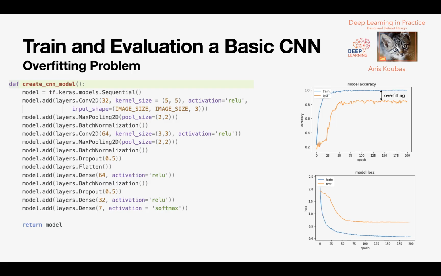So what was the problem that we faced in the previous course and that we attempt to solve in this course? Well, in the previous course, we built a convolutional neural network manually from scratch and we trained it on our dataset. The problem was that the accuracy of the validation dataset was much lower than the accuracy of the training dataset. And this is known as the problem of overfitting.